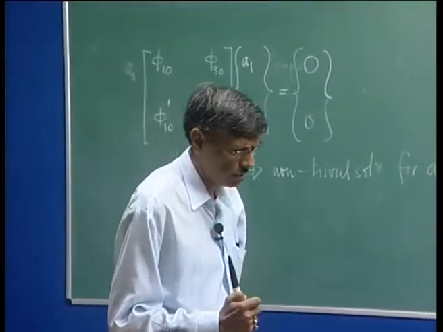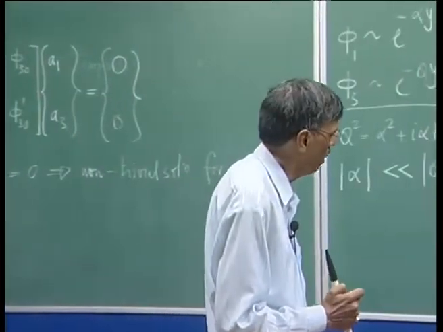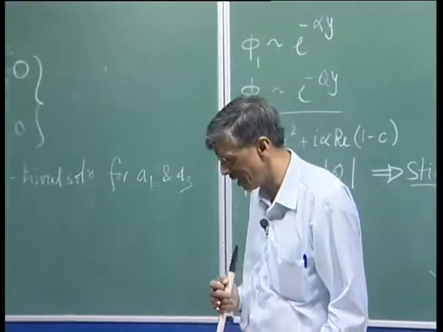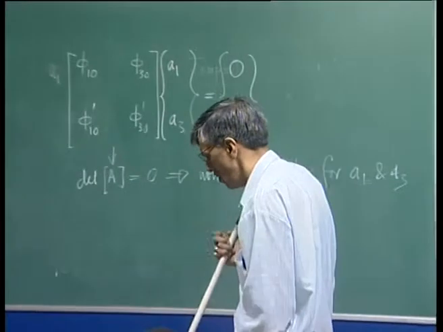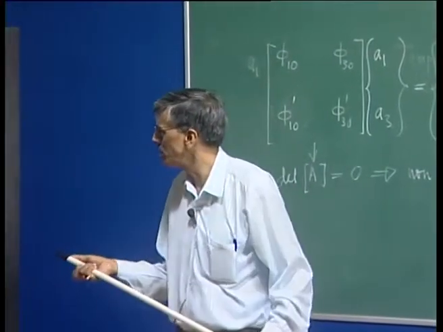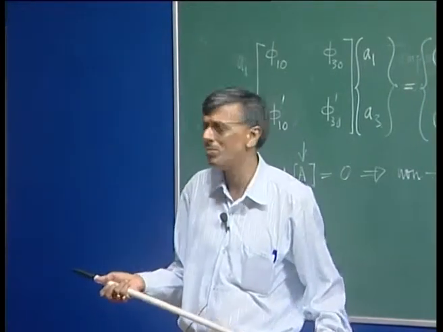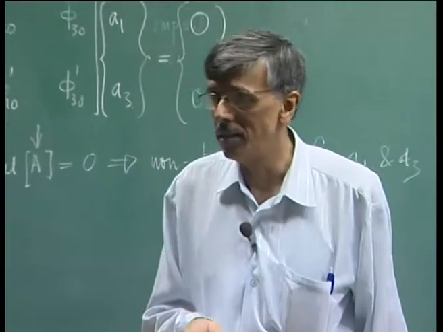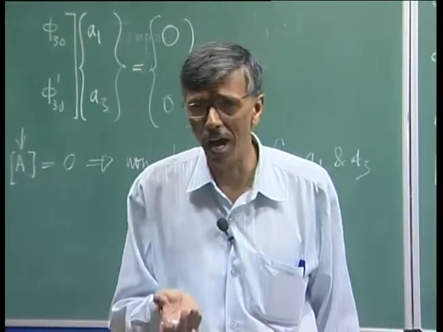People have tried to do many things. We will not talk about many things, we will just talk about one thing in which we ourselves have participated, and that method which was developed to solve stiff differential equation is called the compound matrix method, which was originally introduced by two mathematicians, Ng and Reid.